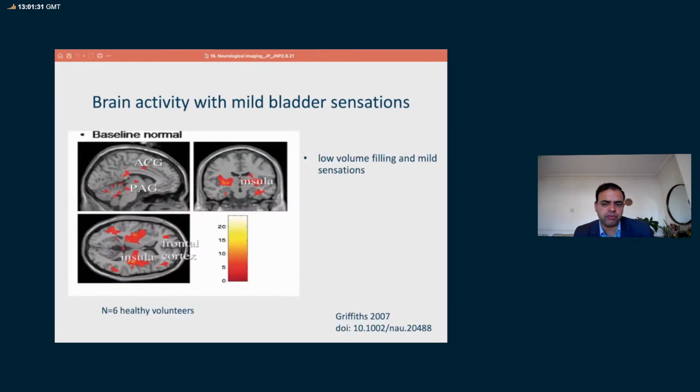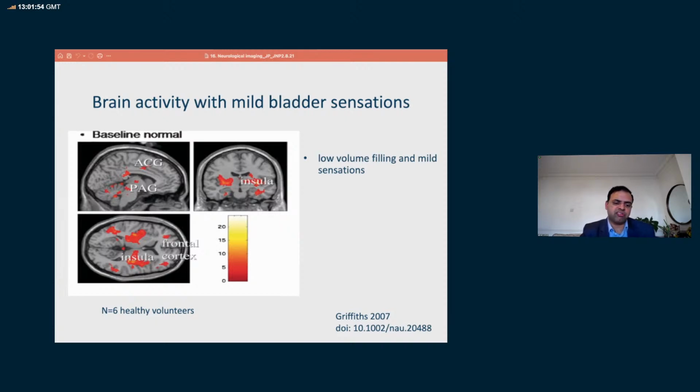There are a few centers in the world that have advanced the field and applied fMRI to understanding bladder functions. Derek Griffiths' work from the University of Pittsburgh has been in the forefront of this, particularly in understanding bladder sensations.